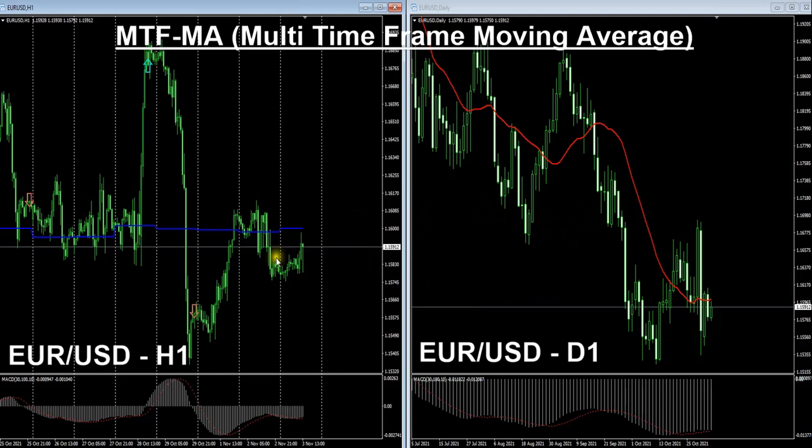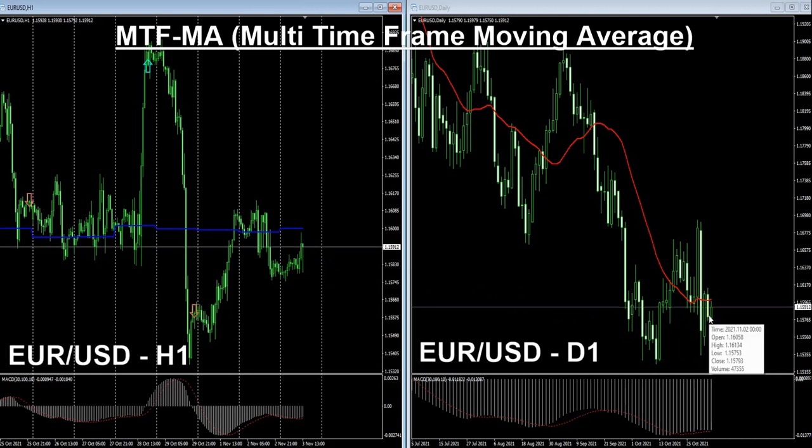But I can see it on the 1 hour chart. So without looking at the daily chart, when price closed on Tuesday below this blue line, I knew without looking that price was below the 20 moving average on the daily chart. And look, that's exactly what did happen.